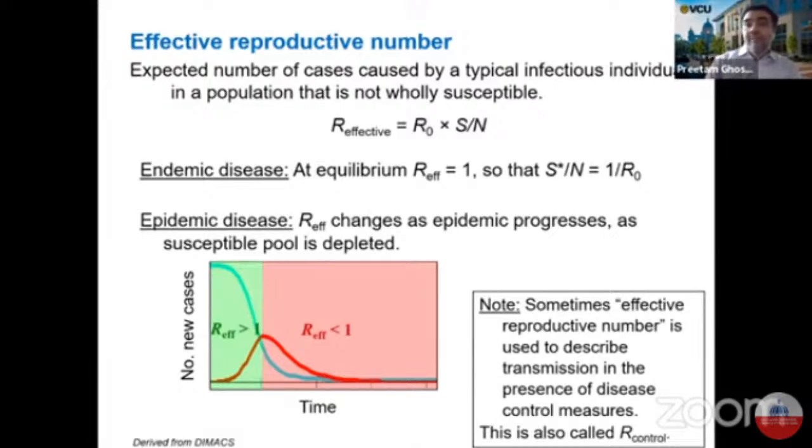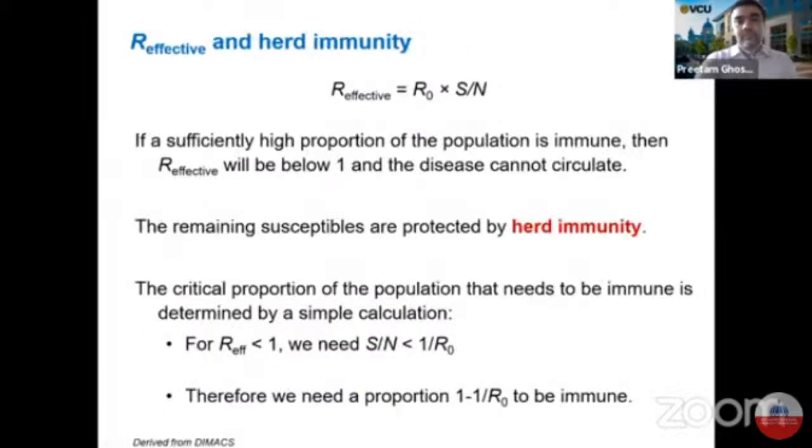So that's where your R effective becomes very important. As you will see, if your R effective is much greater than 1, you have a very high number of infected, the green curve, but it dies down very quickly because you have infected too many people too quickly already, and not many people are left to be newly infected, right? If your R effective is less than 1, you would see a smaller peak like this, and it will take longer to die down.